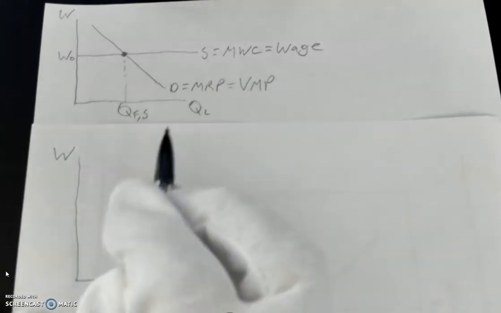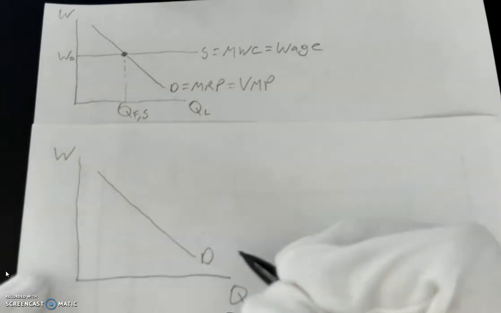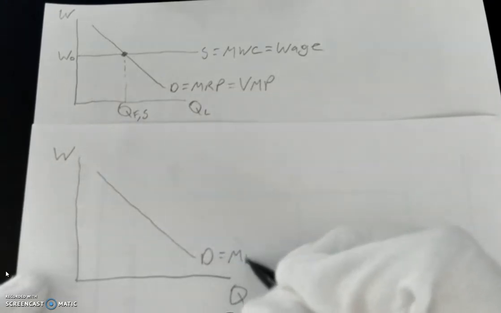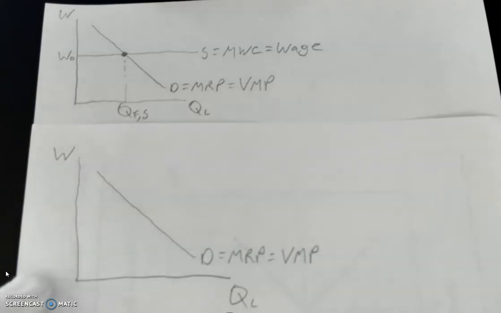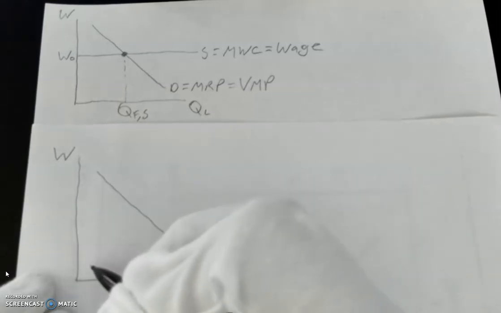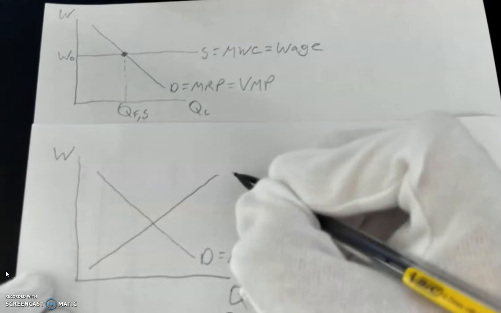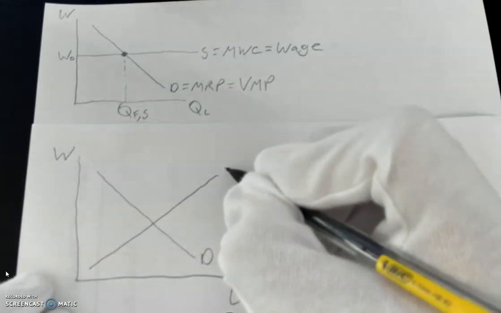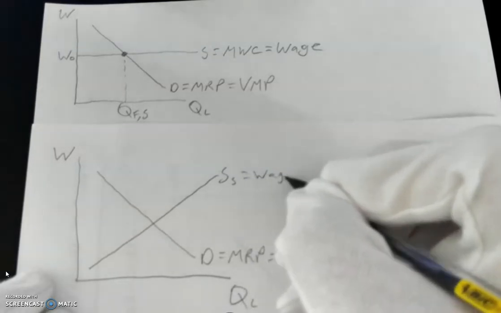So let's do that. Let's go ahead and draw our demand curve the same. Demand equals marginal revenue product, which equals value of marginal product. But in this example, I want to show that the supply side is divergent. So I'm going to draw my upward sloping supply curve for society, which is essentially the supply curve society sees, and that's going to be equal to the wage.